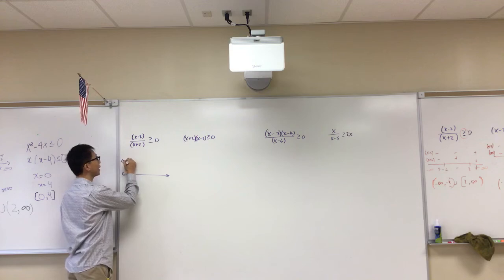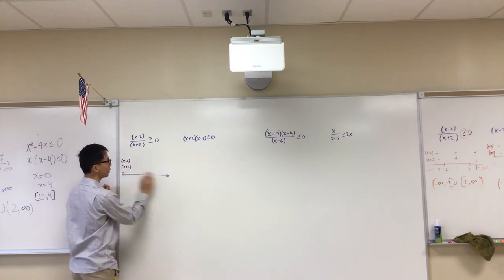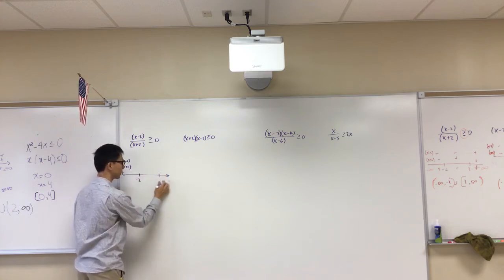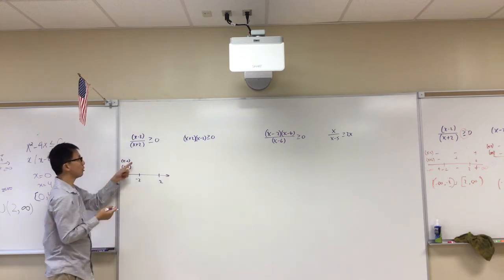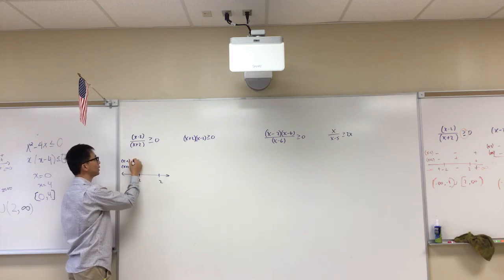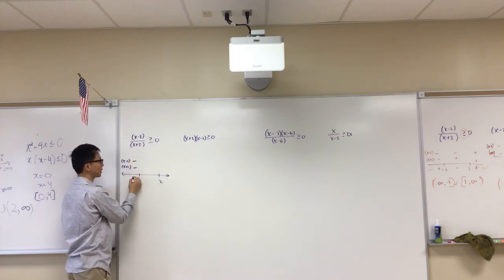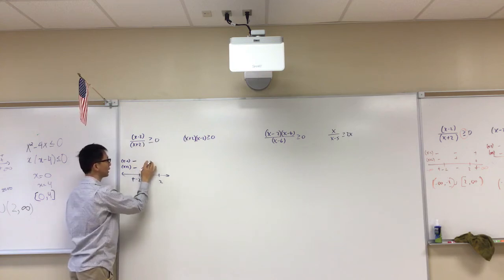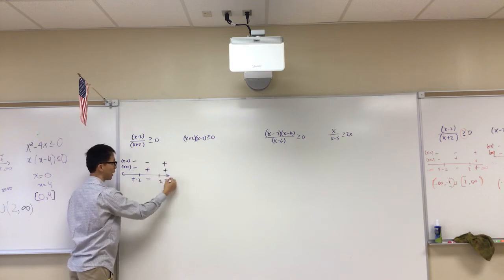Right? You still list them right here. So you're gonna have -2 and 2. Also, we don't have to do anything with that. And then you still plug in the chart. If you plug in -3, it's gonna give you negative. If you plug in 0, it's gonna give you negative, and then positive, and negative, and positive, positive, positive.